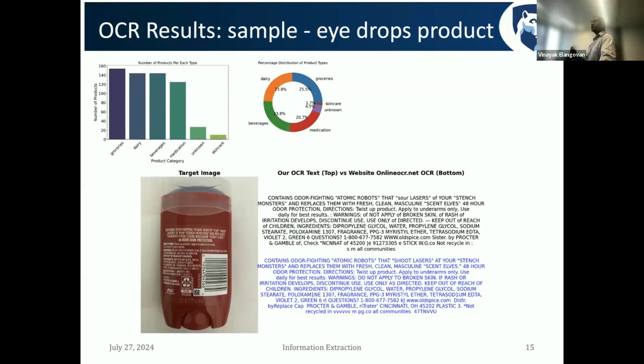And the way you take the images of those products is also very challenging. If you're not taking it at the right angle, you're not going to get that information properly. But we tested on different products, for example, dairy products, beverages, medication, skincare, grocery labels, and so on. We tested on close to 400 different product labels.